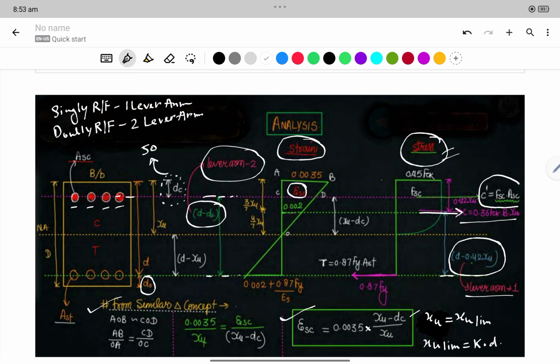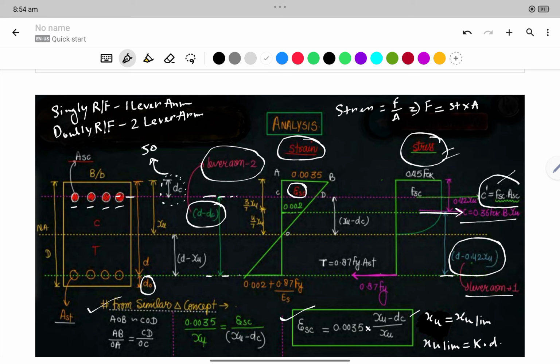C is equal to FSC into ASC. So how is it coming? C is the force. We all know stress is equal to force by area, so force is equal to stress into area. FSC is the stress and ASC is the area. So this one is the new thing.